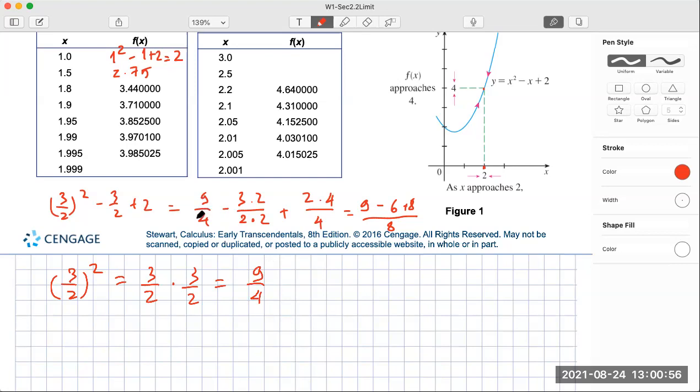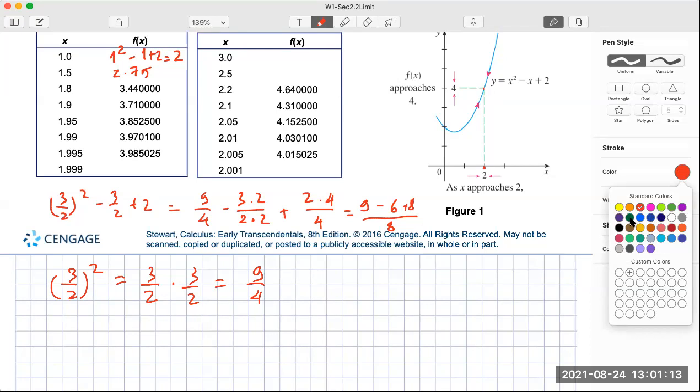But remember, yesterday we discussed this. We cannot add a whole number and a fraction. We can only do so when they have the same denominator. That is why we manipulate this. Here the second number is 3 over 2, and we see that 4 is the common denominator.